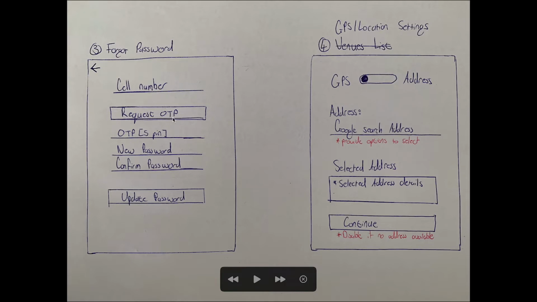Once he clicks request OTP, it'll SMS him a 5-digit PIN code, where he'll then be able to enter the OTP over here, and then he can go ahead and put his new password and confirm his new password. So you always want to make sure that there's a new password as well as a confirmed password, to make sure that they didn't misspell something by accident. And then once they've completed all the fields, they can go ahead and click update password.